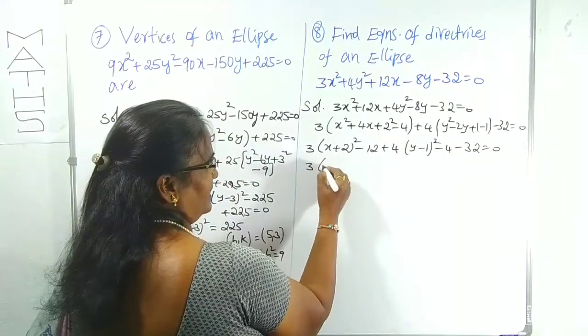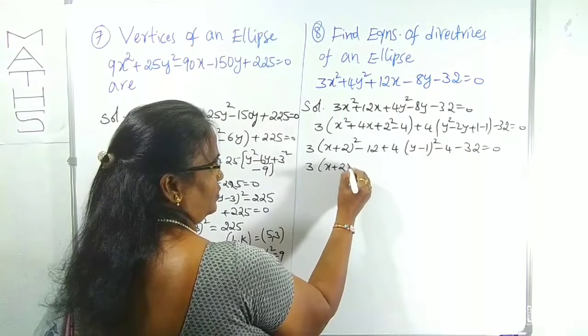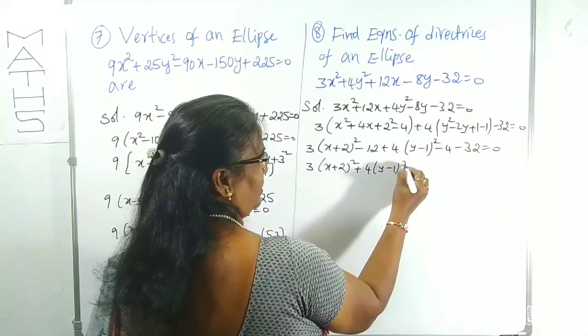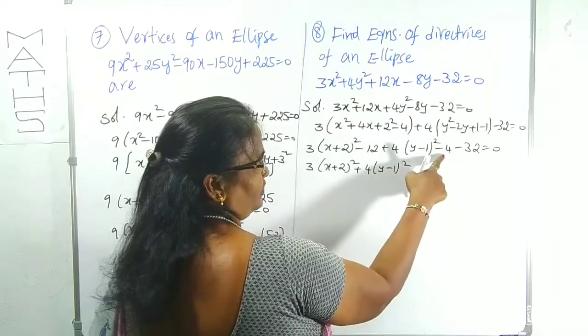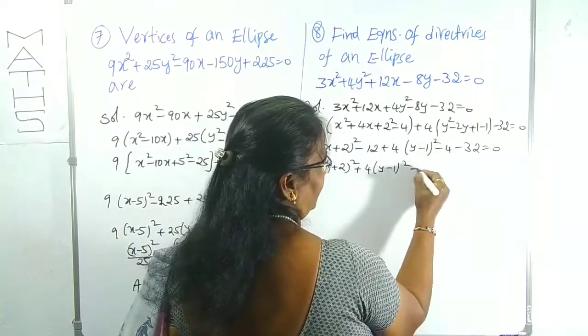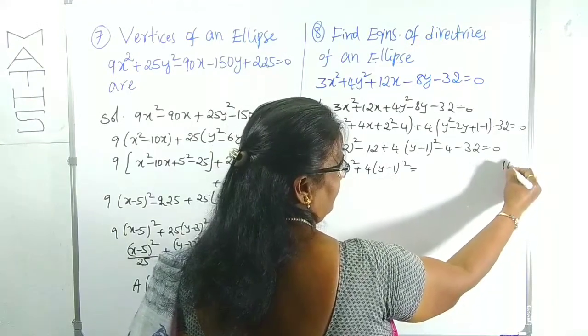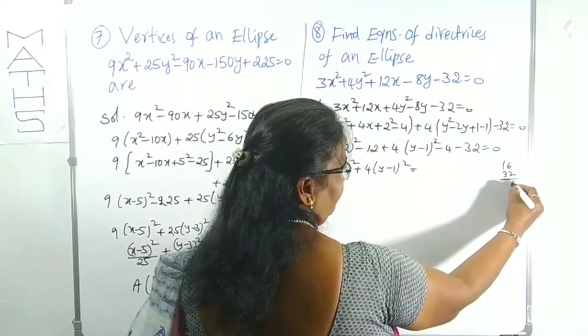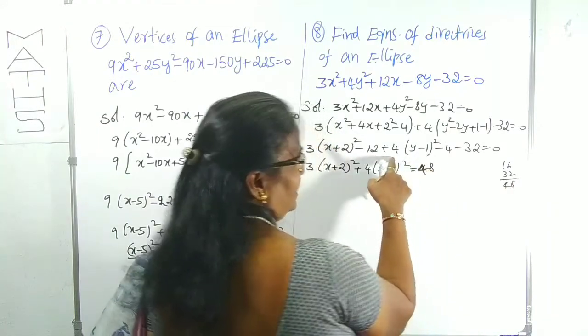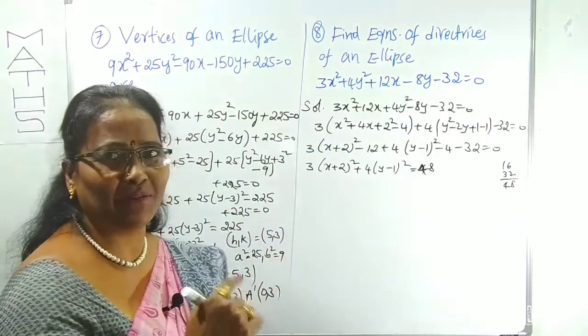This we can rewrite as 3 of x plus 2 whole square plus 4 of y minus 1 whole square. Here minus 12 minus 4 minus 16, minus 32. Minus 16, 32, how much? 48. Left side minus 48, right side becomes positive 48.